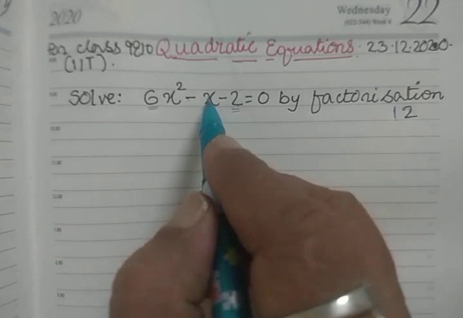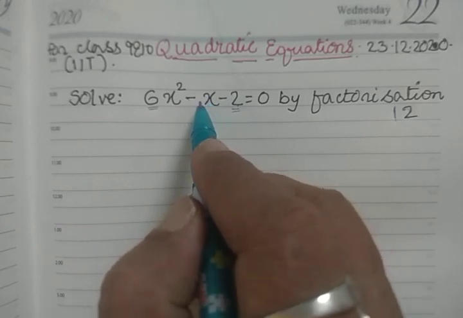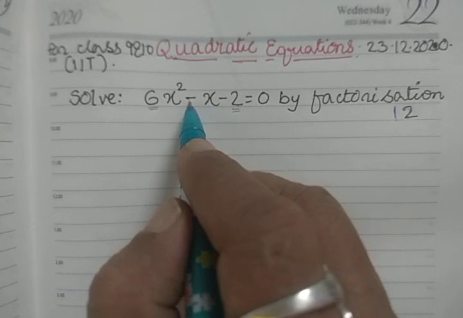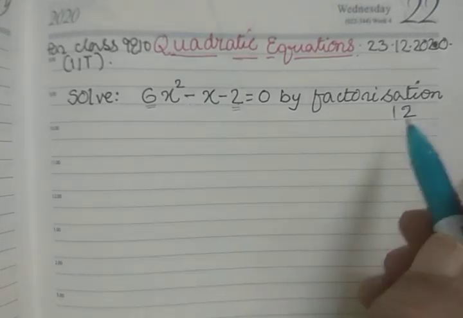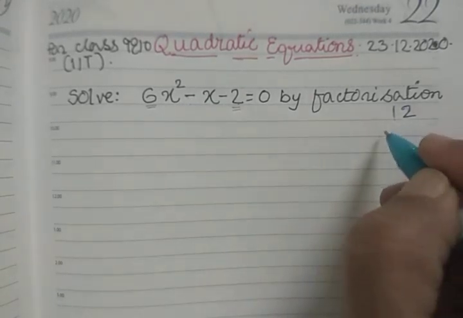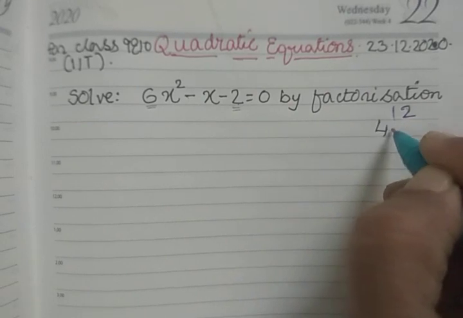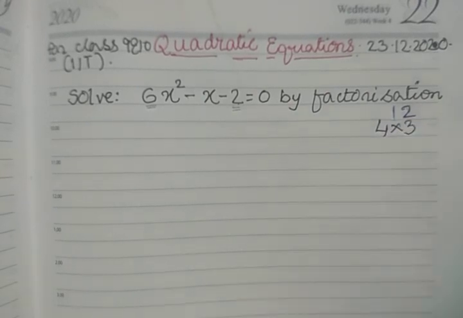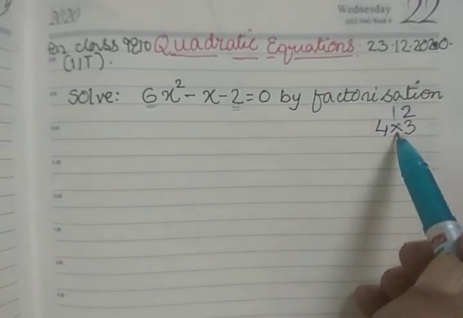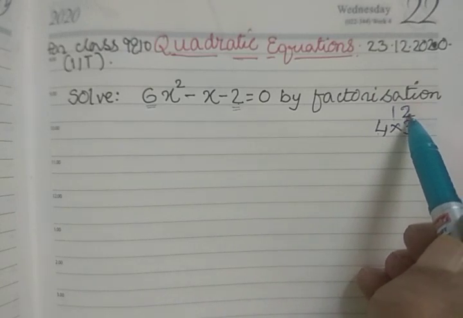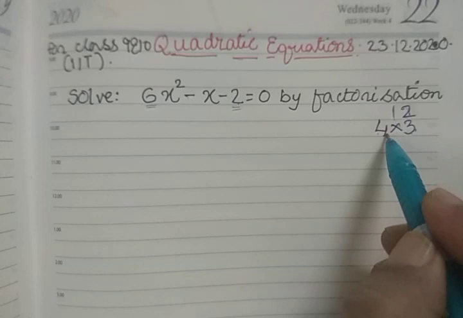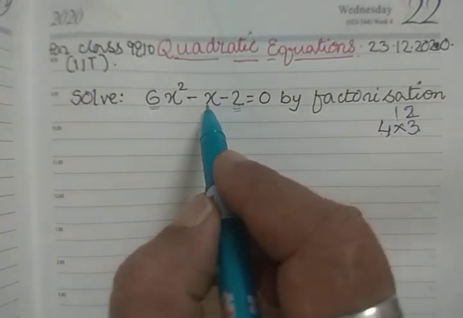The reason is the coefficient of x is 1 here and the sign is minus. So we have the factors 4 and 3. If we multiply 4 and 3, we get 12. And if we subtract 3 from 4, we get minus 1.